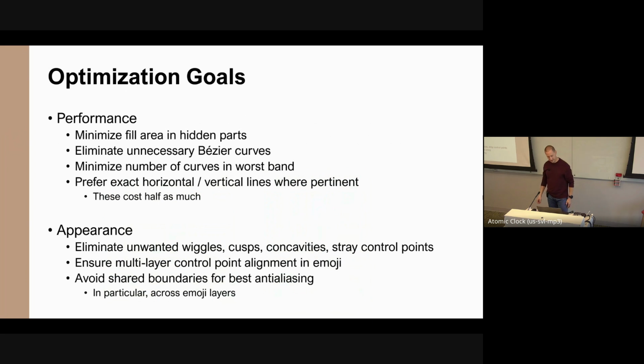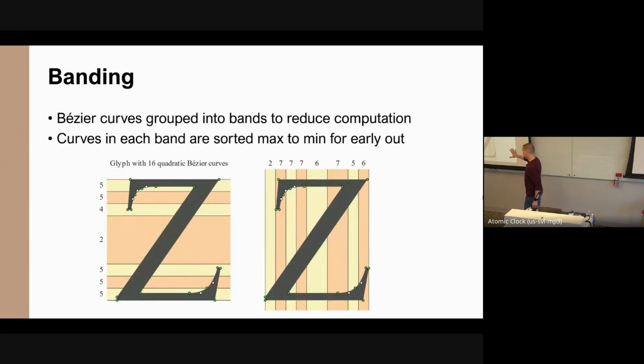Okay, and there is a reason to prefer exact horizontal and vertical lines wherever it makes sense to do that. And we'll see at least one case where that's true. And the reason for that is because it costs half as much. When we're rendering these things, it shoots a horizontal ray and it shoots a vertical ray. And it combines those in order to do the final anti-aliasing.